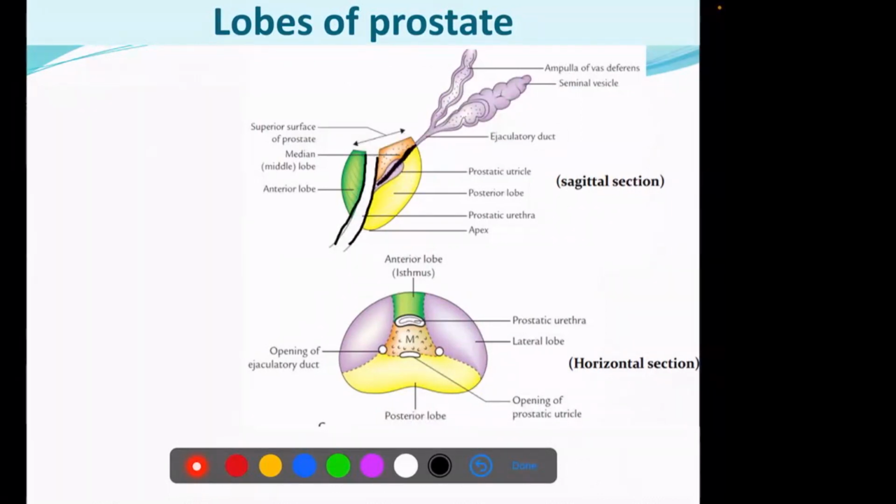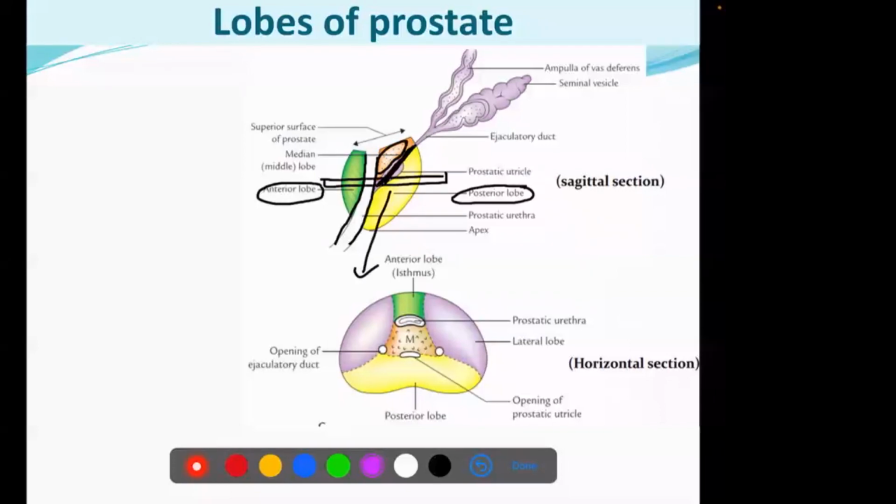The part of the prostate that lies anterior to the urethra is known as the anterior lobe. That which lies posterior is known as the posterior lobe. The part that lies above the ejaculatory duct is known as the median lobe. And obviously, this is a side view, so there are two lateral lobes. Let us cut this part and see the cross section.